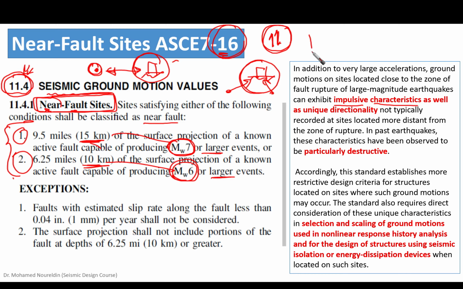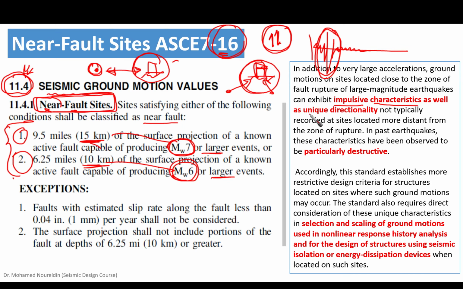Impulsive characteristics means that whenever the earthquake starts to work, the building will move like this and then go back like this, a very huge magnification in the amplitude. This makes a kind of destructive impact on the structure. This cannot be found in the far fault. If it's far fault, we're not going to find this impulsive characteristic.